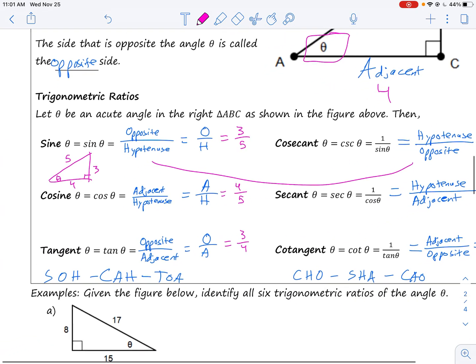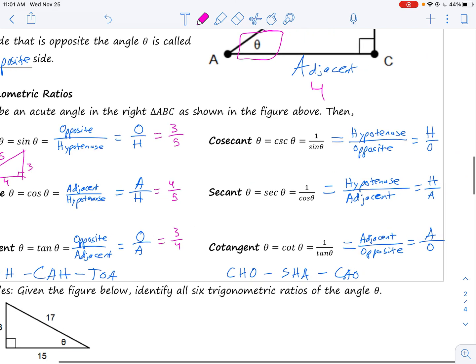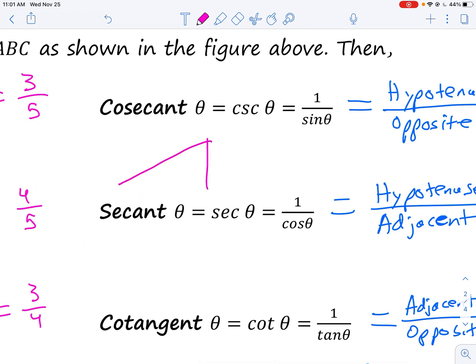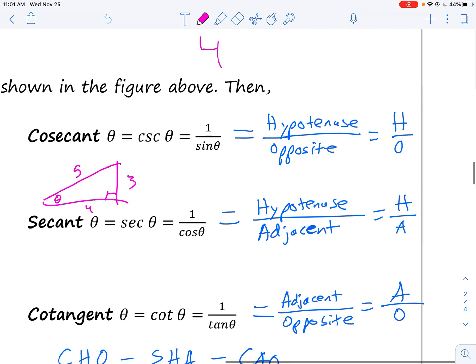And if we're looking at our triangle, with 3, 4, 5, and this is our angle we're referring to, then the hypotenuse over opposite would be 5 over 3.